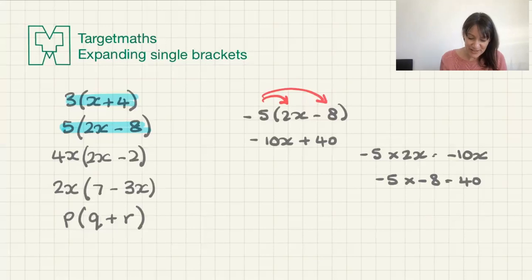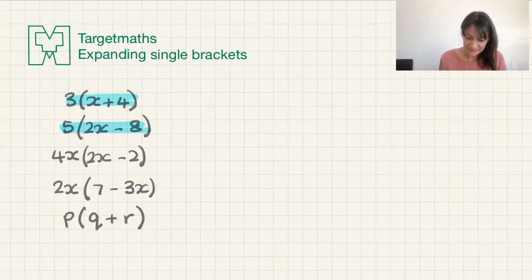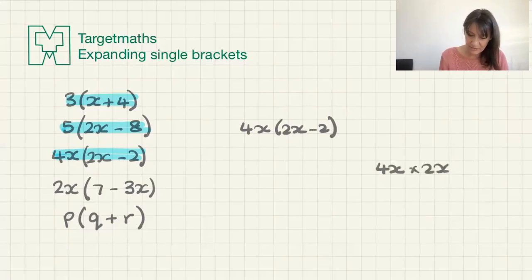Okay, on to the next question, which I'm going to highlight as we go. So anybody wanting to skip through and look at something in particular, it will make it easier to do that. So I've got 4x and then 2x minus 2 in the bracket. You'll notice that I'm writing out to the side the maths that I have to do. I'm doing that because visually I can see everything and I'm less likely to go wrong.